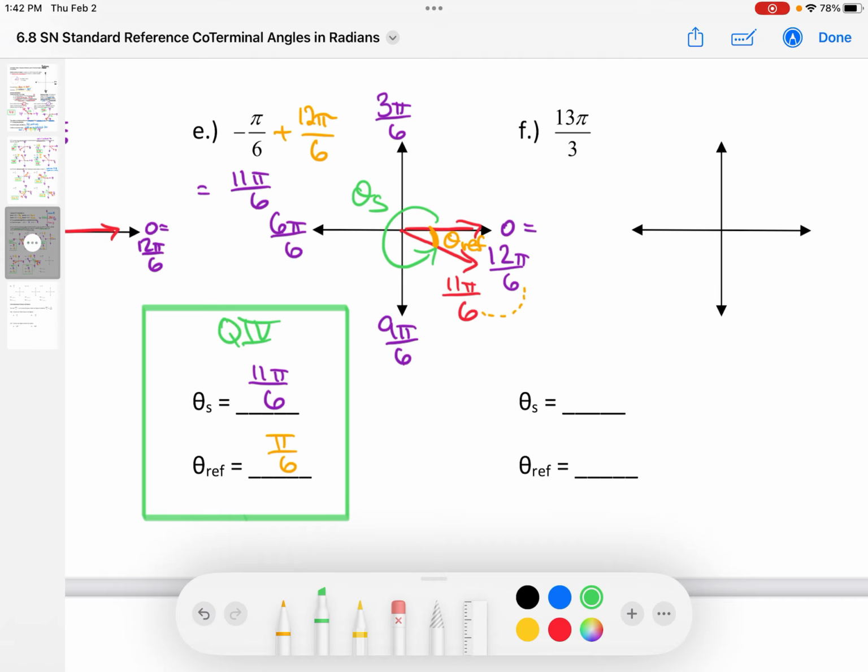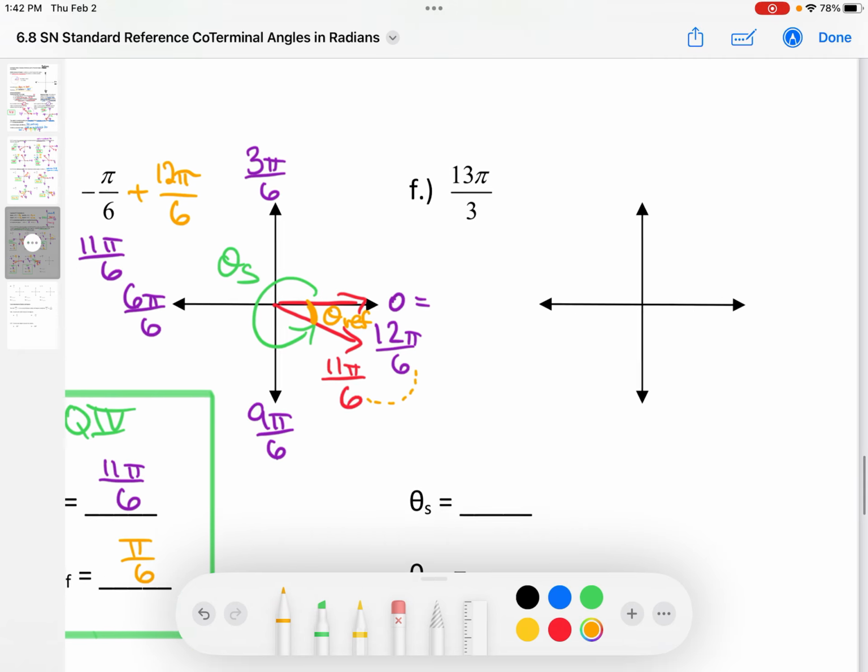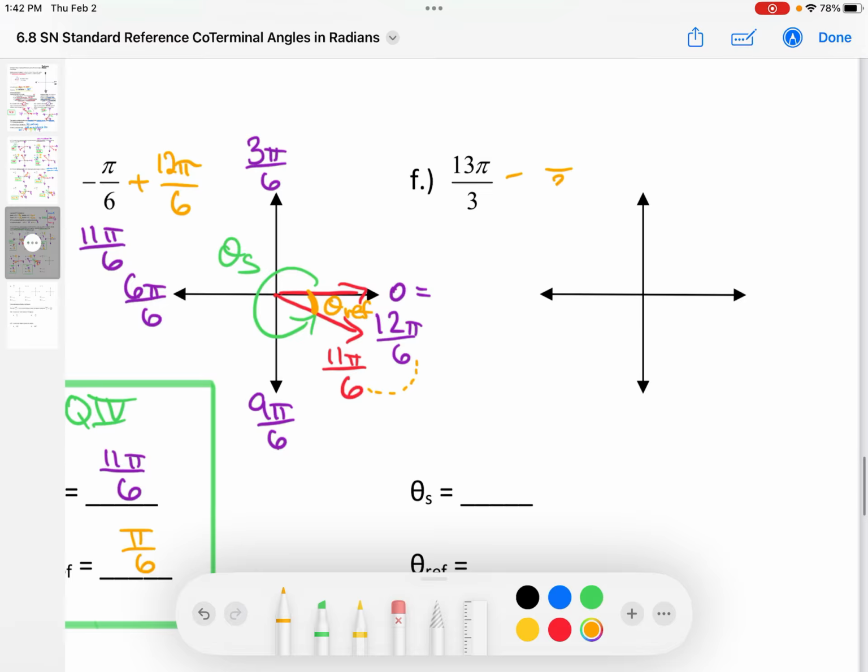And let's look at F. 13 pi over 3. 13 over 3 is bigger than 2 pi, so we will need to subtract. So we'll subtract 2 pi over 3 with common denominator.